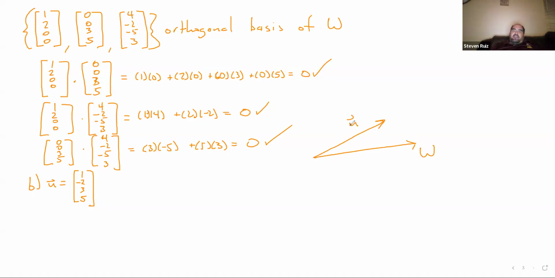Either U is in the span of W, or it's not, and there's some vector within W that comes closest to being U. And I think there's a special stipulation here. What does it say? Find the orthogonal projection of U onto W without inverting matrices or without solving any systems of linear equations.